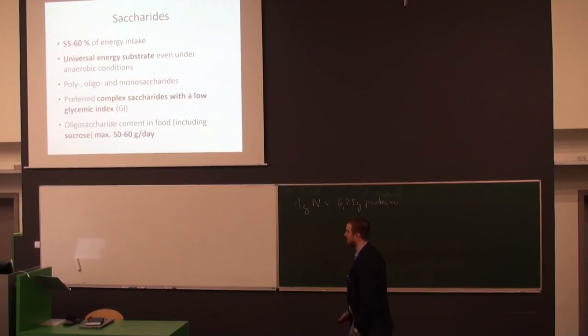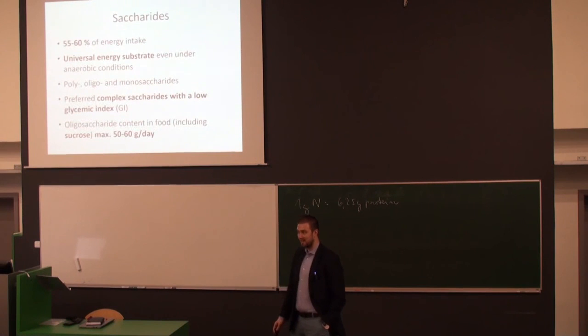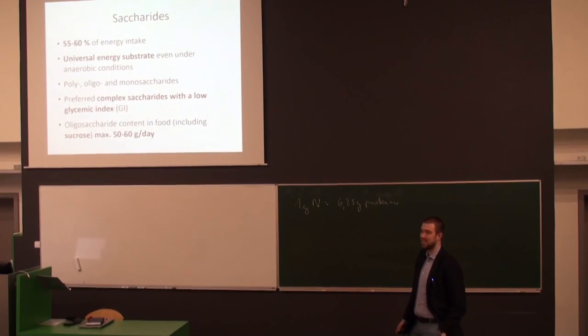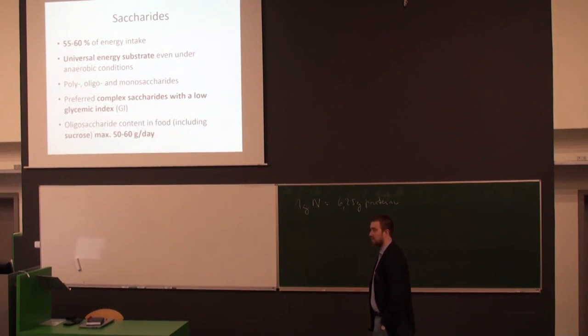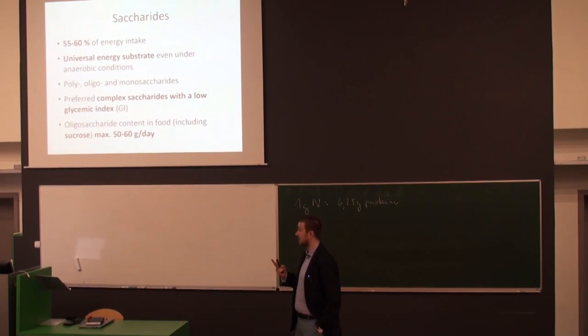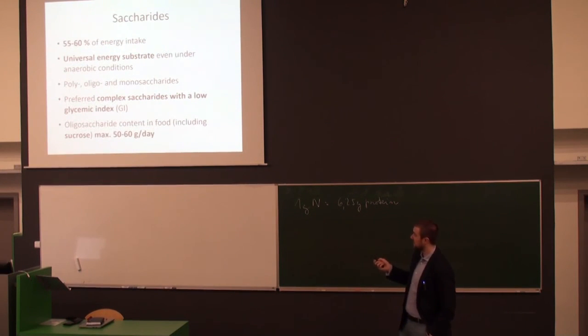Last are saccharides. Saccharides make the predominance of the energy, 55 to 60%. And what you should remember for them are two basic recommendations. First is that we should eat complex saccharides with a low glycemic index.